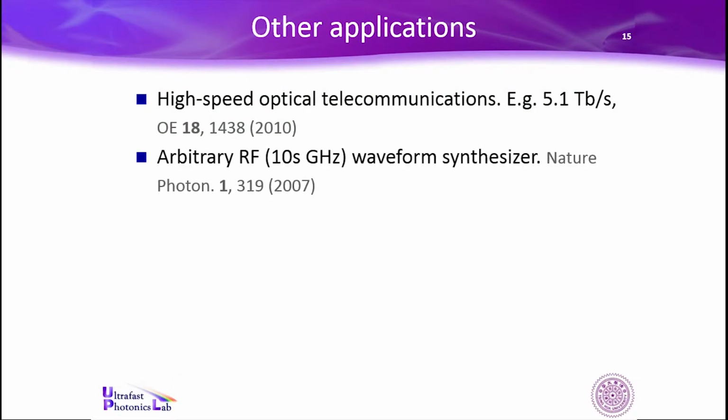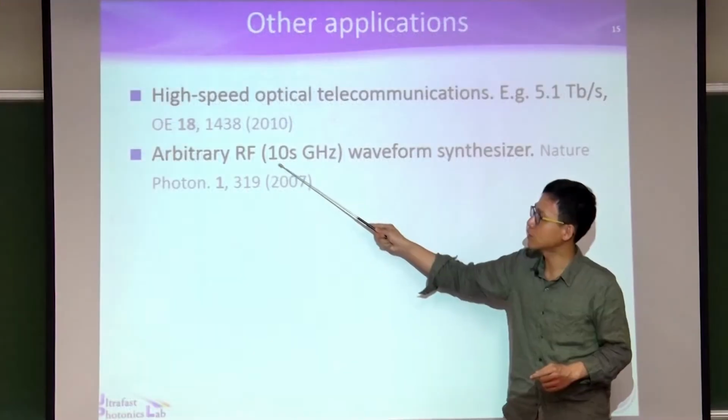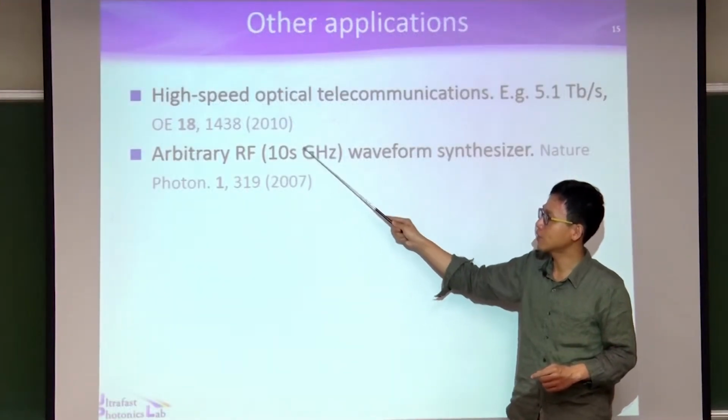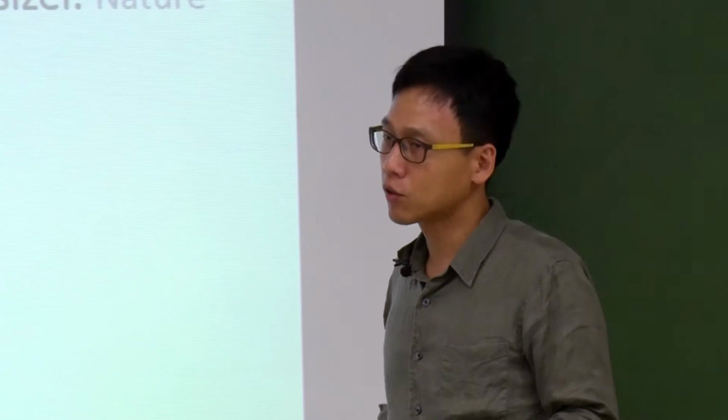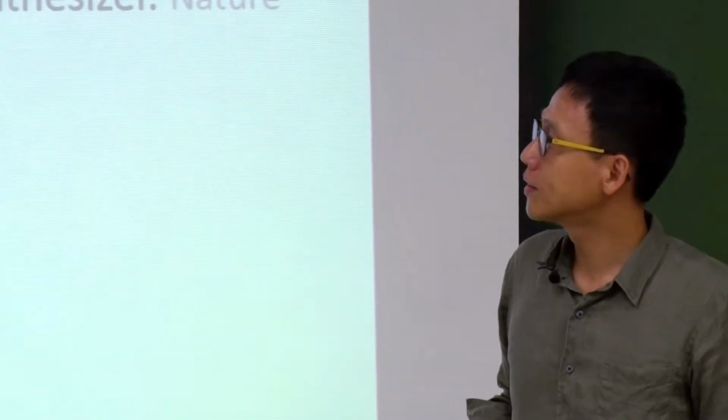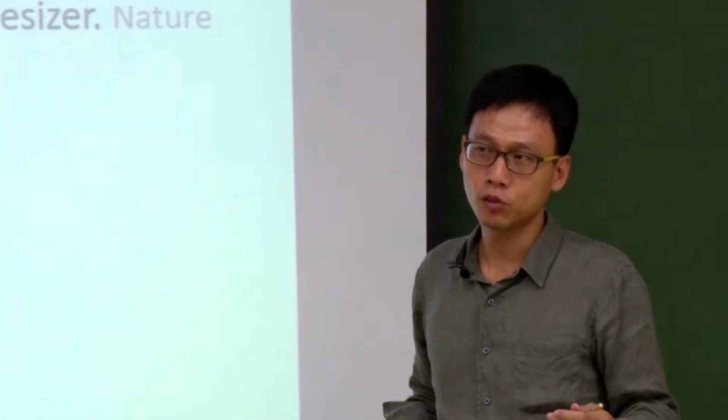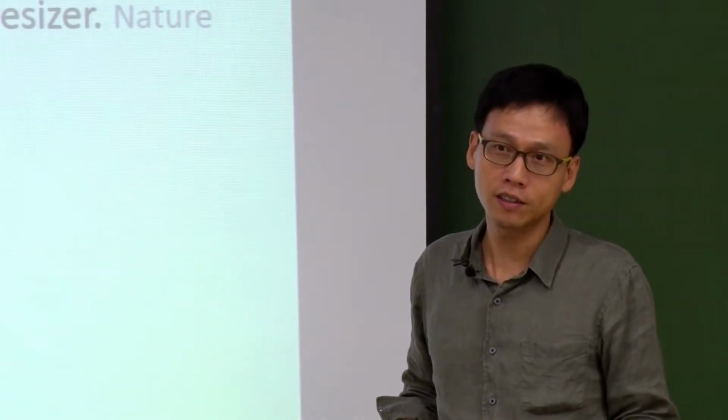The second example is arbitrary radio frequency waveform synthesizer. Okay? Radio frequency usually refers to this bandwidth, tens of gigahertz, like 20, 30, or 50 gigahertz. If it's only a few gigahertz, then it's possible you just rely on the electronic devices.